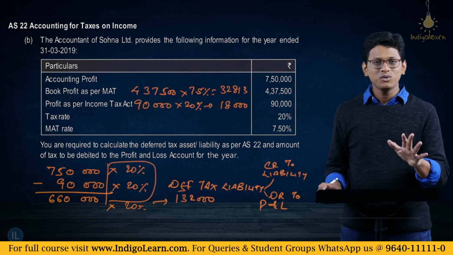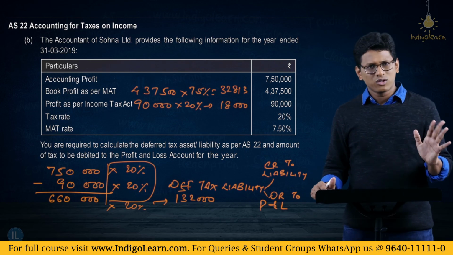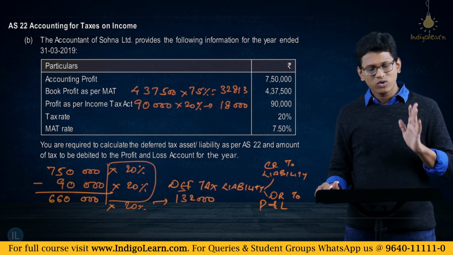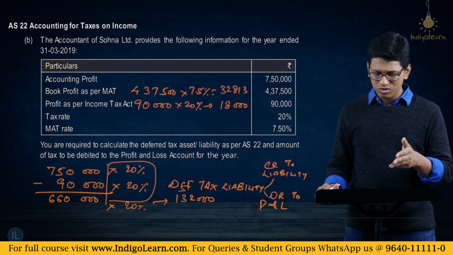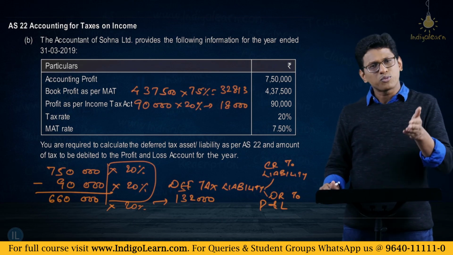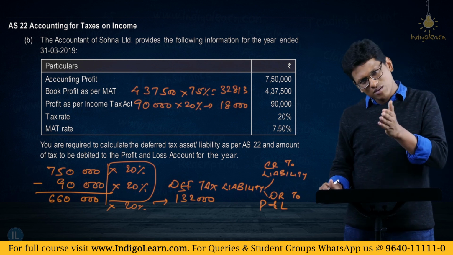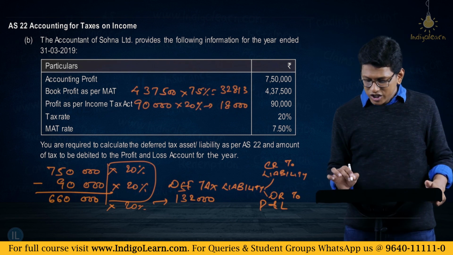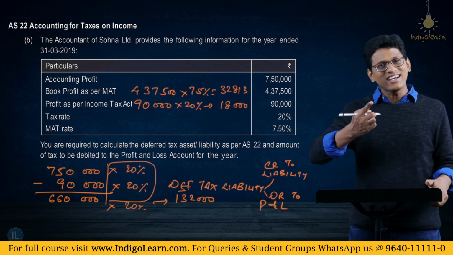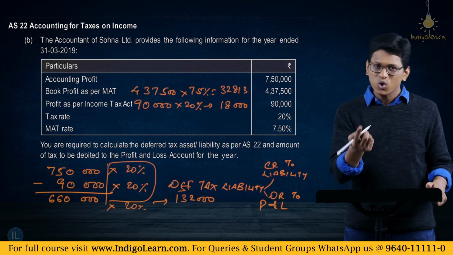32,813. Now, the simple thing that you need to know is you will calculate book profit as per MAT, and on that you will apply the MAT rate and arrive at a tax amount. You will consider the profit as per income tax, apply the income tax applicable rate of 20% and arrive at the tax amount. You will consider greater of the two to go into P&L.